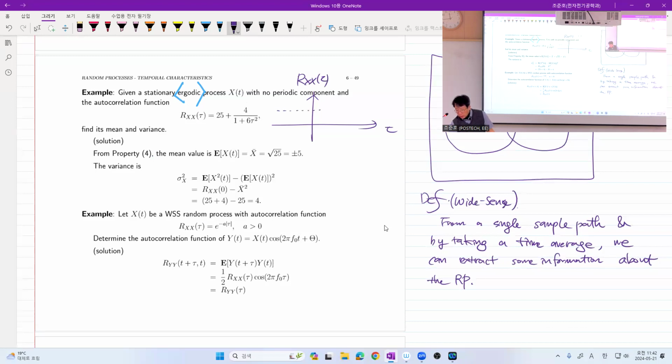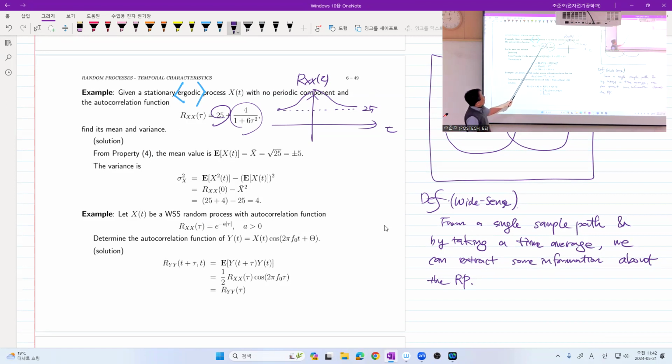Here goes 25, right? And then what is this one? It's similar to a bell-shaped curve, but not exactly. But anyway, it looks like this, right? So it becomes smaller because the denominator becomes larger as tau tends to infinity or negative infinity.